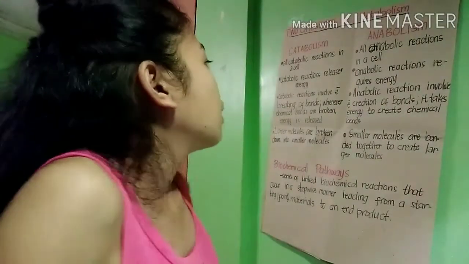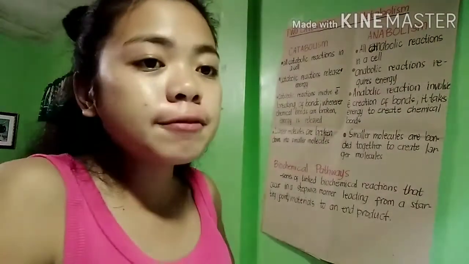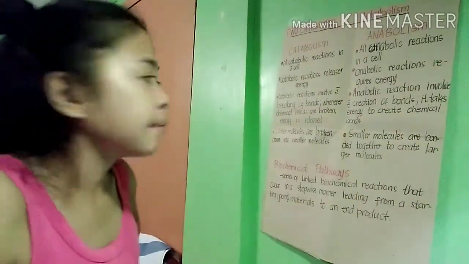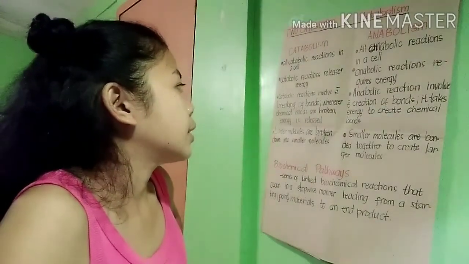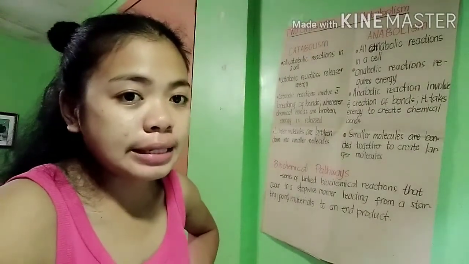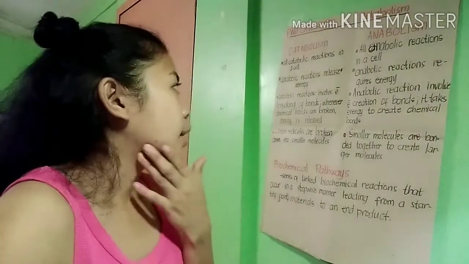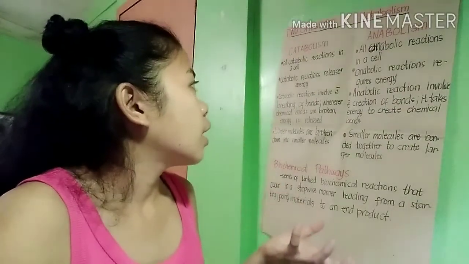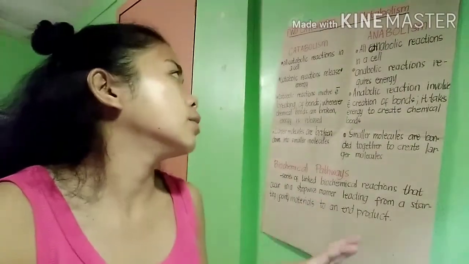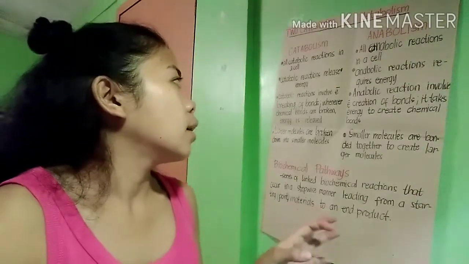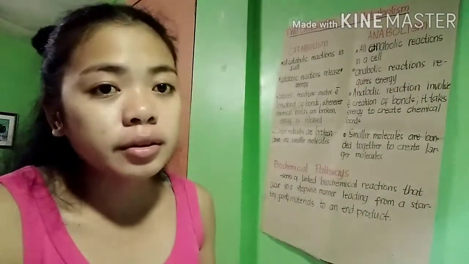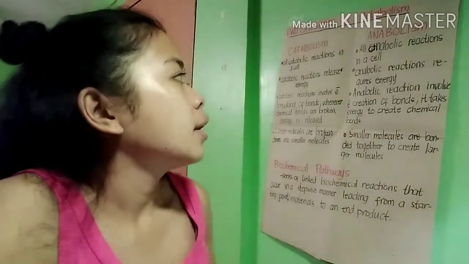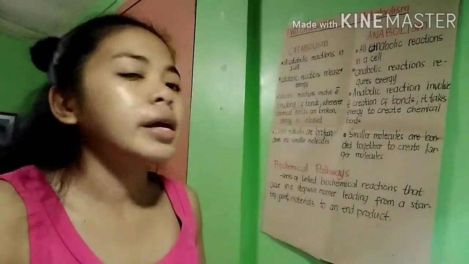All catabolic reactions involve the breaking of bonds. Whenever chemical bonds are broken, energy is released. So it produces energy because it involves the breaking down of bonds. While anabolic reactions involve the creation of bonds.